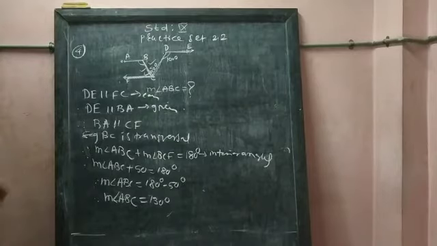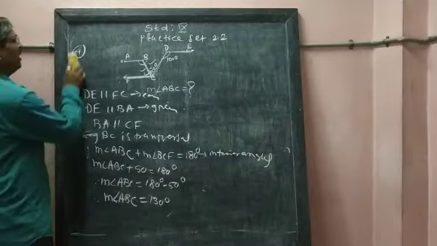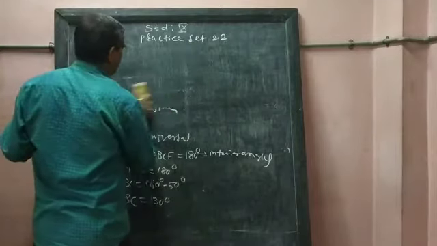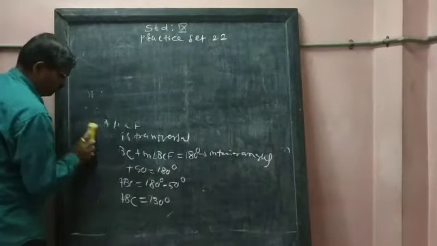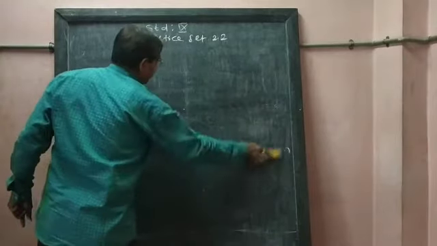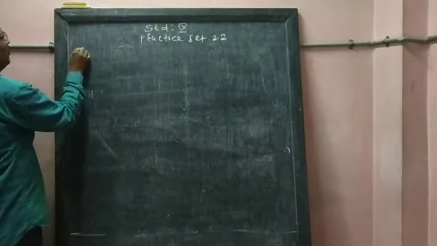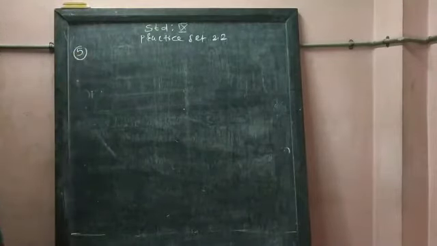Now we will enter into question number 5. It was very simple, and now there are two more proofs. We will see. First, you should draw the diagram of question number 5, and then we will solve question number 5. So I am going to draw the diagram of question number 5.